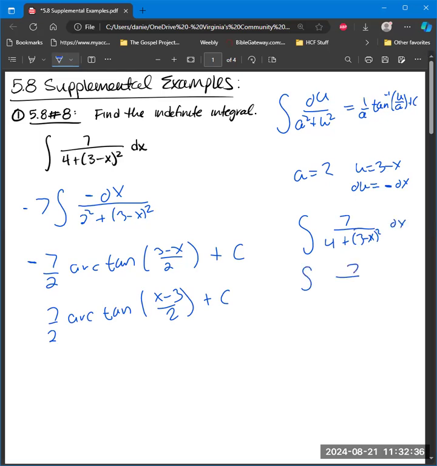So this is 7 over 4 plus, pull that negative out of there, and it is the same thing as 2 squared plus (x minus 3) squared.